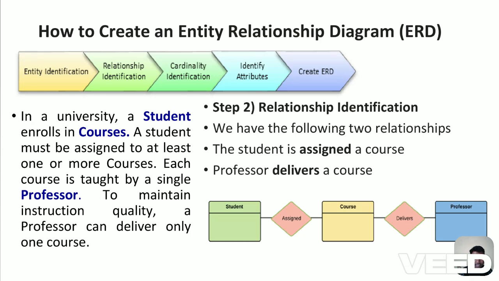So here students are assigned to a course, so this is the relation between them, and the professor delivers the course. So between professor and course, the delivery is our relation between them.